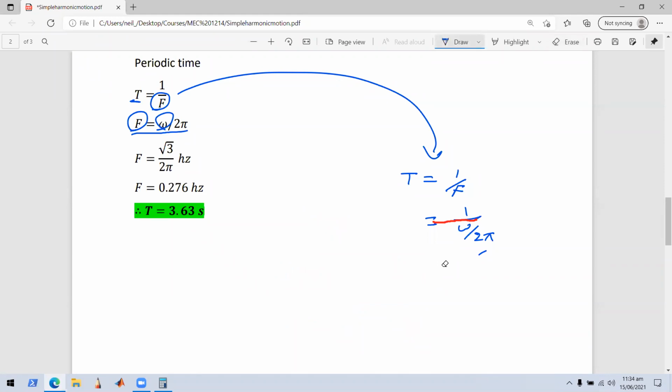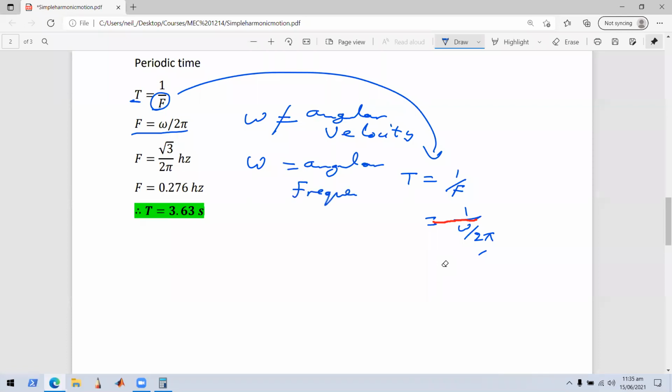So this omega in this case is not angular velocity. Omega in this case is angular frequency. Remember, omega is just a symbol.